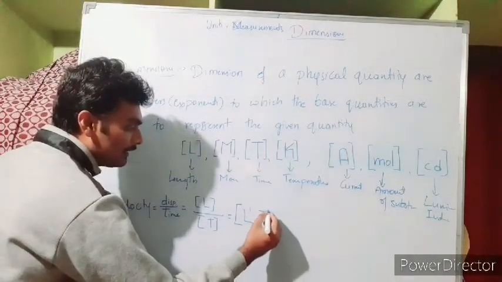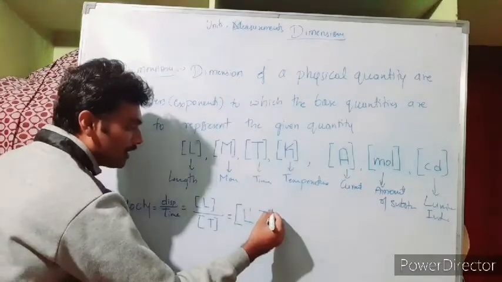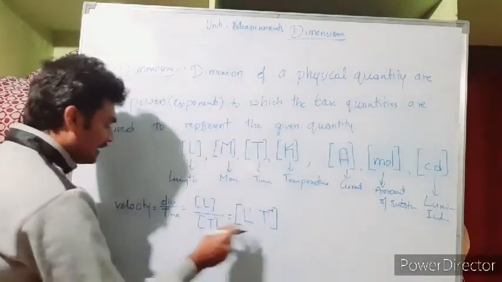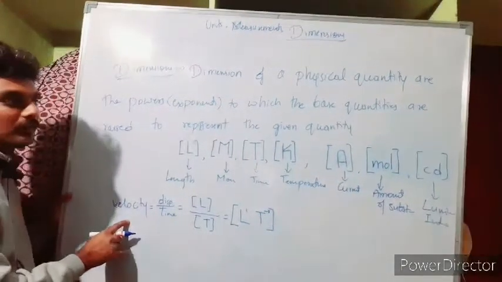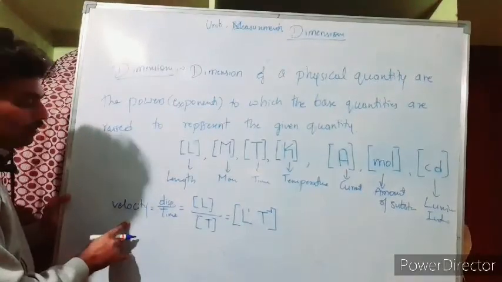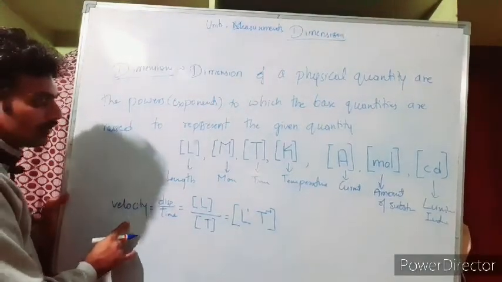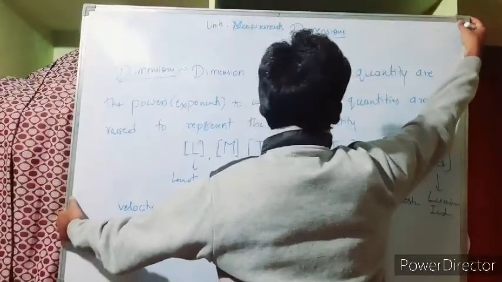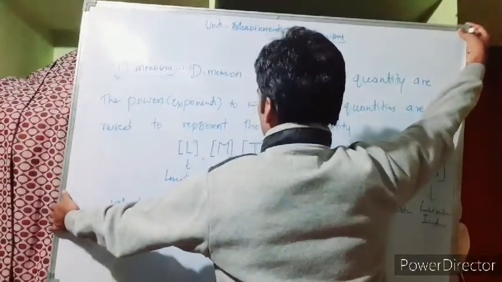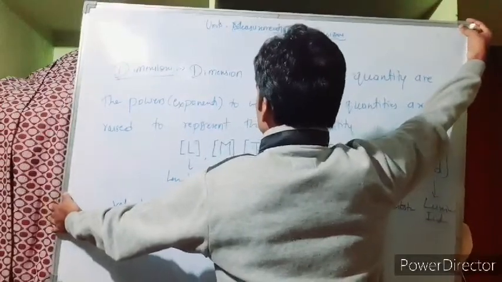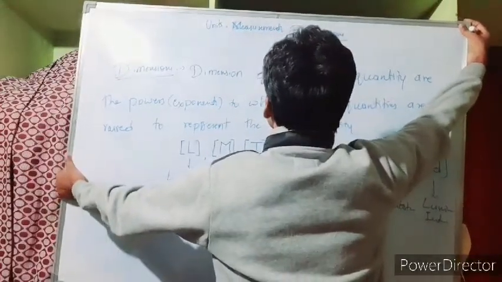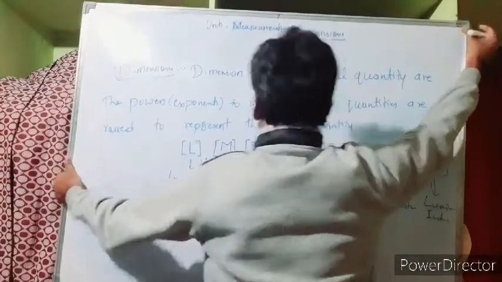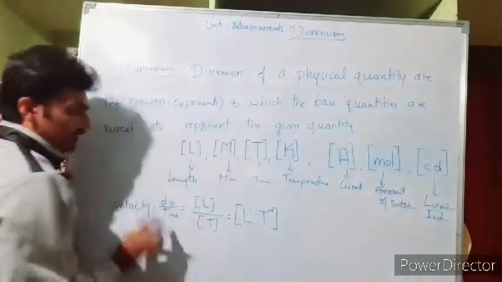So L1 T minus 1 is the dimension of velocity. So this is about velocity.